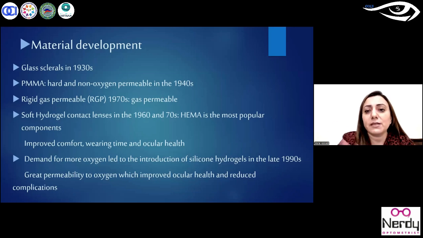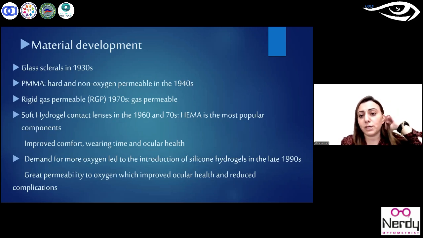So just to give a bit of material development, I'm sure you're all aware of the material development through the decades, through the years. It started in the 1930s with the glass sclerals, and then it wasn't a good option in glass.